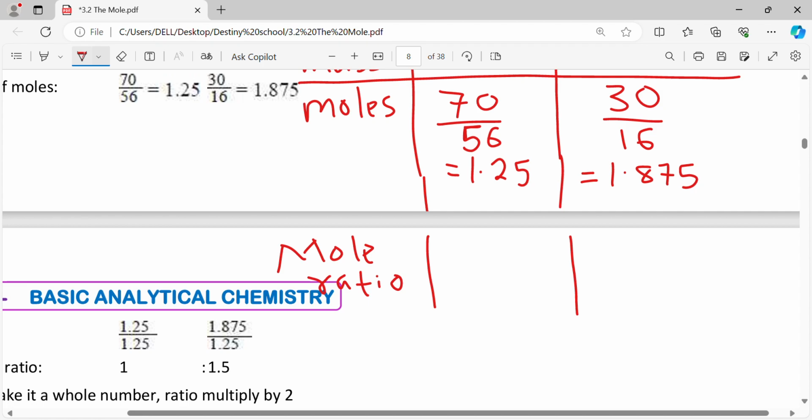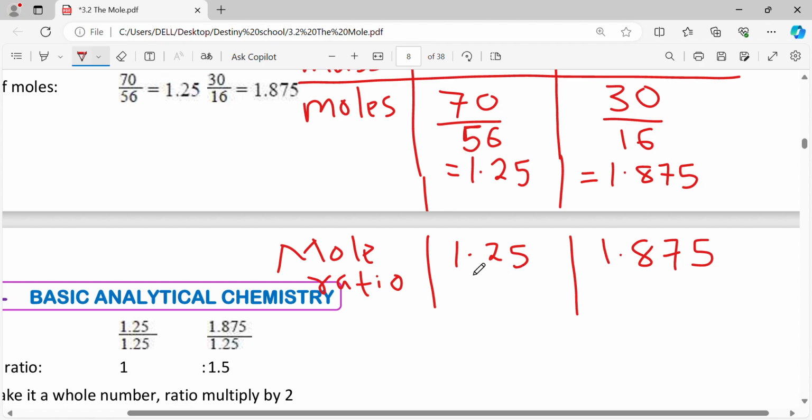After doing that, you now go to the mole ratio. In the mole ratio, you write the answers for the moles. The answers were 1.25, then the other one was 1.875.